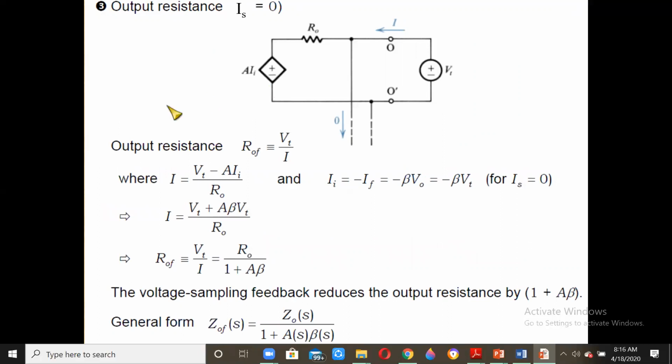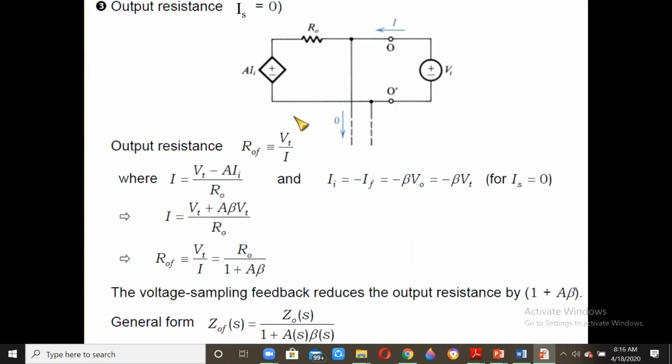Then we go for measuring the output resistance. The input is the current source, which we are equating to 0 by connecting a test source at the output to find the output resistance. So we connect a test source at the output and put IS equal to 0, that is, open circuit the source current.